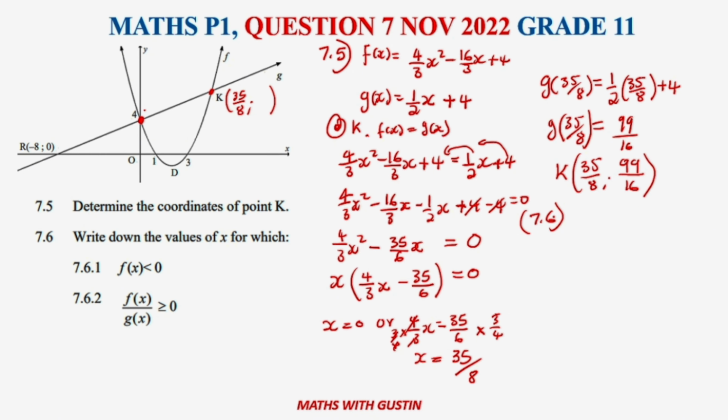7.6 says write down the values of x for which f of x is less than 0. For which f of x is less than 0, I explained this last time on question 6 of November 2020. I said the x-intercept is a barrier line that separates the positive and the negative. Upwards is positive, and down here it's negative, for any given type of function. So where is this function f of x less than 0?